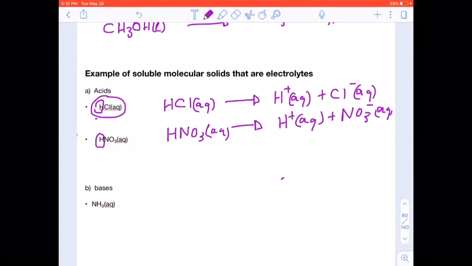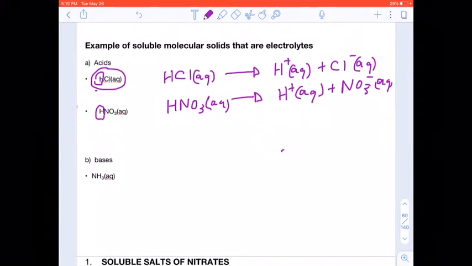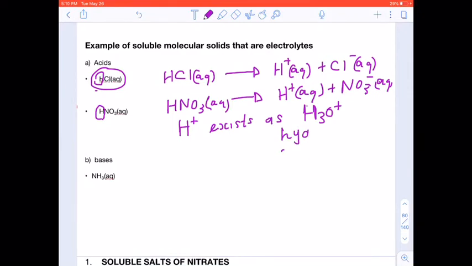Right, so when an acid dissolves in water, it breaks up into its ions. Now, normally in solution, H plus, right, exists as H3O plus. This is known as the hydronium ion.